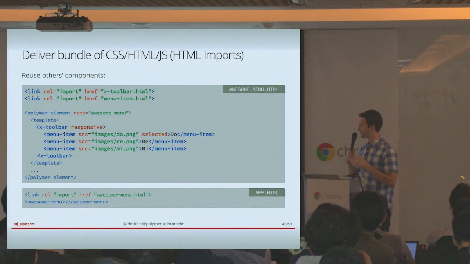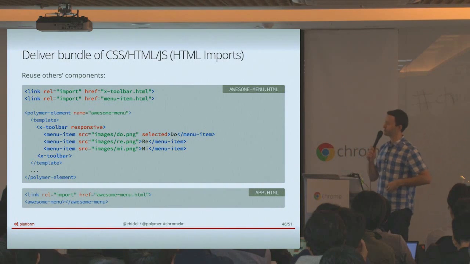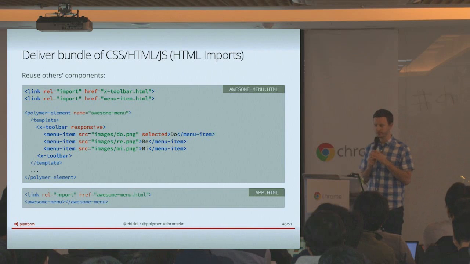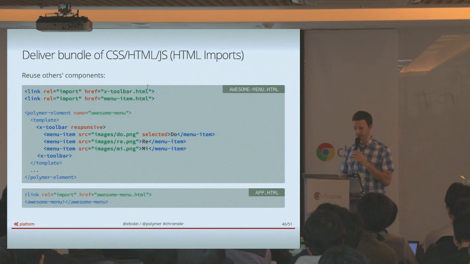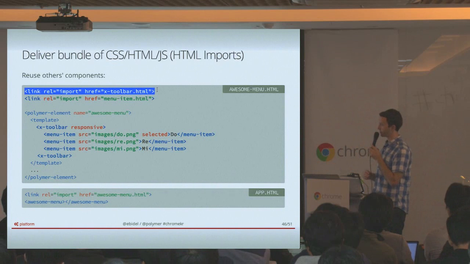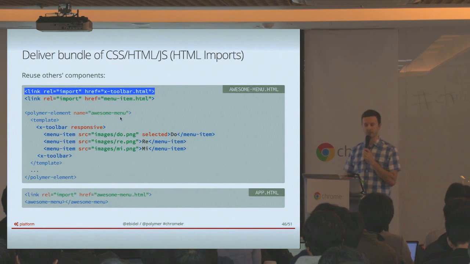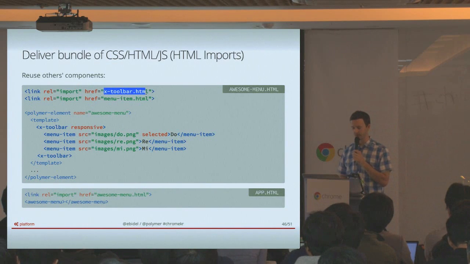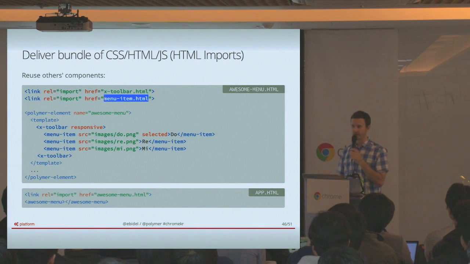The last piece that we have first-class support for is HTML imports. And they're really, really simple to use, right? You just declare a link rel import and reference an HTML file. But this becomes really powerful when, say, I create a new component and I want to reuse someone else's toolbar. I really am a fan of somebody else's toolbar. I really like their menu item tag.